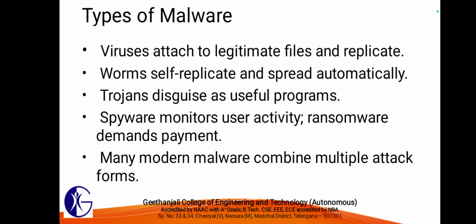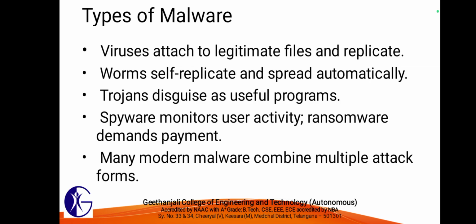Types of malware. Malware can be classified into multiple categories based on behavior and objectives. Viruses attach themselves to legitimate programs. Worms self-replicate without human assistance. The Trojan disguises itself as useful software.